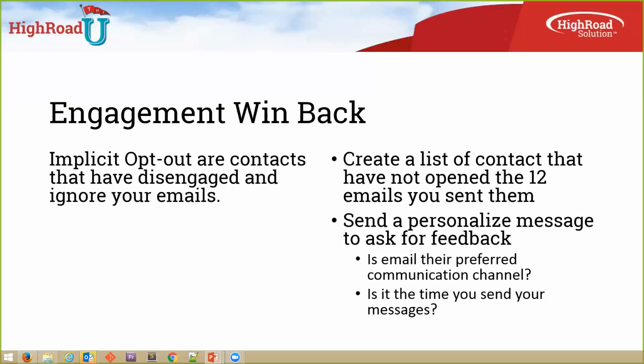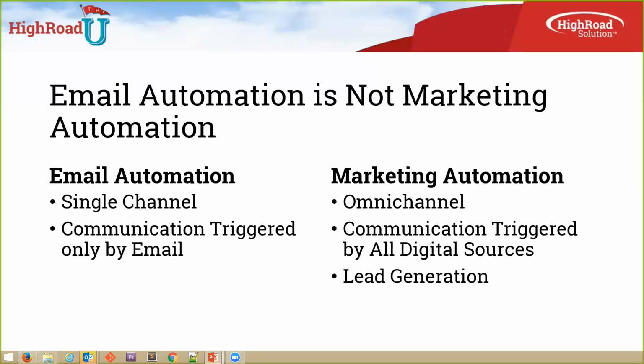Okay, and so the key thing here, those were all email marketing tactics. And the key thing is understanding that email automation is not marketing automation. Marketing automation is omni-channel, and email automation is just a single channel where we're doing communications within email. So if everything starts with email, then that's just email automation.